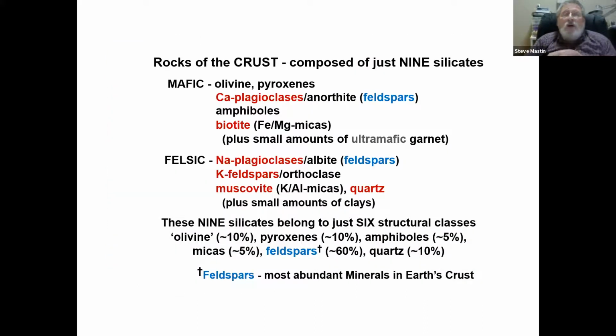All right, so it turns out that even with differentiation, there are just 9 silicates in the crust. And they're shown under the 2 categories of mafic and felsic. And the new ones are in that reddish color. And the old ones, the olivine and pyroxene and the amphiboles, are in black.